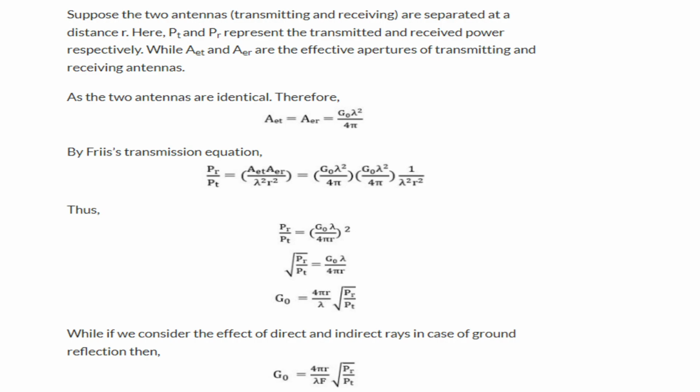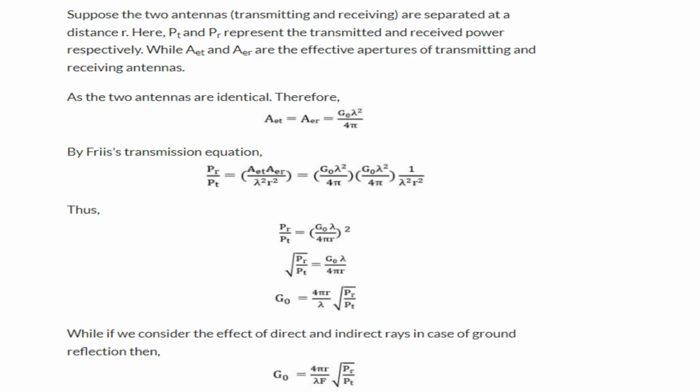Suppose the 2 antennas, transmitting and receiving, are separated at a distance R. Here PT and PR represent the transmitted and received power respectively, while AET and AER are the effective apertures of the transmitting and receiving antennas. As the 2 antennas are identical, AET equals AER equals G0 times lambda square divided by 4 pi.